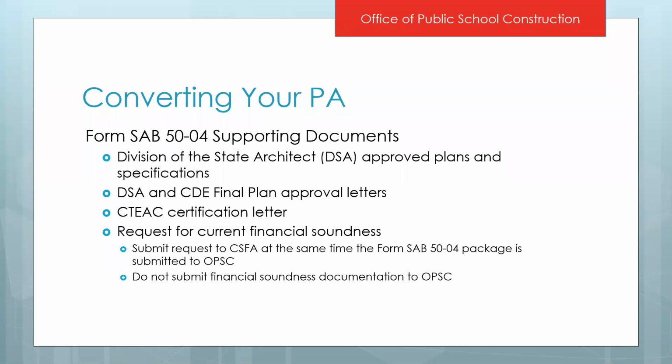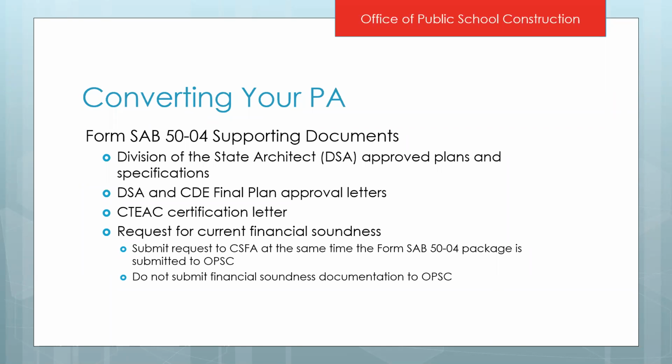So the supporting documents that you need to have with your Form SAB 5004 to make it a complete and valid submittal are, for all project types, your final Division of the State Architect approved plans and specifications, along with the final plan approval letters from DSA and the California Department of Education, your Career Tech certification letter, and also a current request for a financial soundness review from the California School Finance Authority.